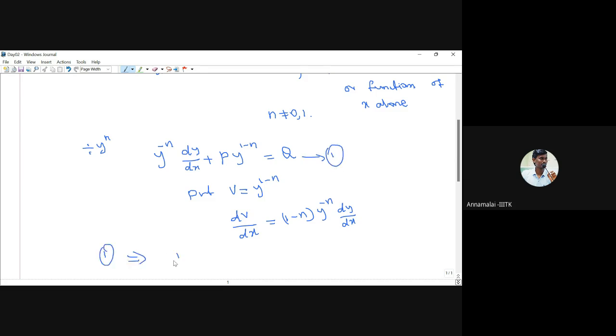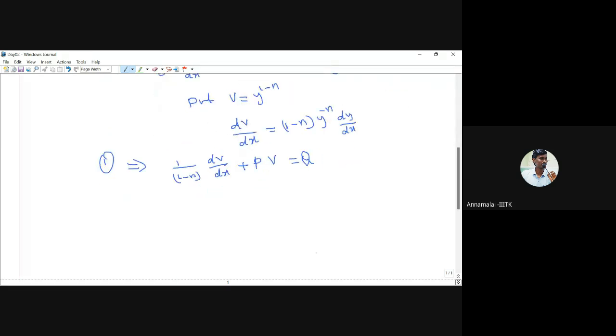Therefore equation 1 becomes, this factor is nothing but 1 by 1 minus n times dv by dx plus p times v equal to q. Now multiply by 1 minus n, and we have the equation dv by dx plus 1 minus n times p times v equal to 1 minus n times q.